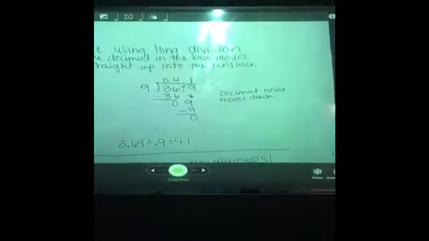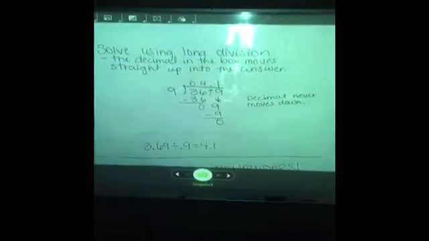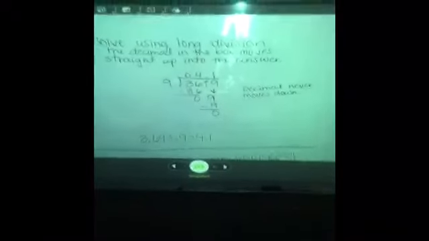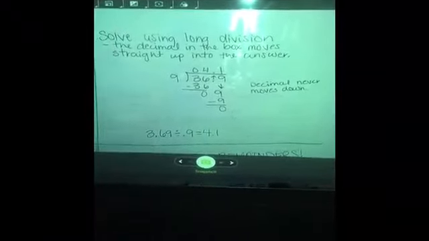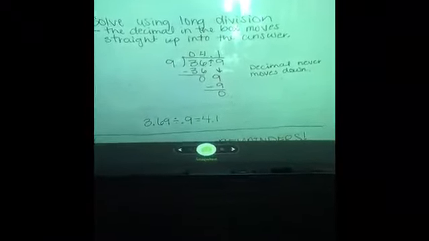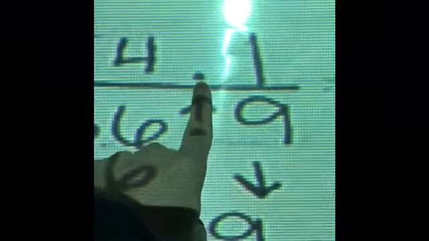The cool thing is, once you've changed the problem, so where there's no decimal in the divisor, the only difference between dividing with decimals and dividing using the long division algorithm with whole numbers is that you just look where the decimal is and you put it right above it on top of the line in the quotient.